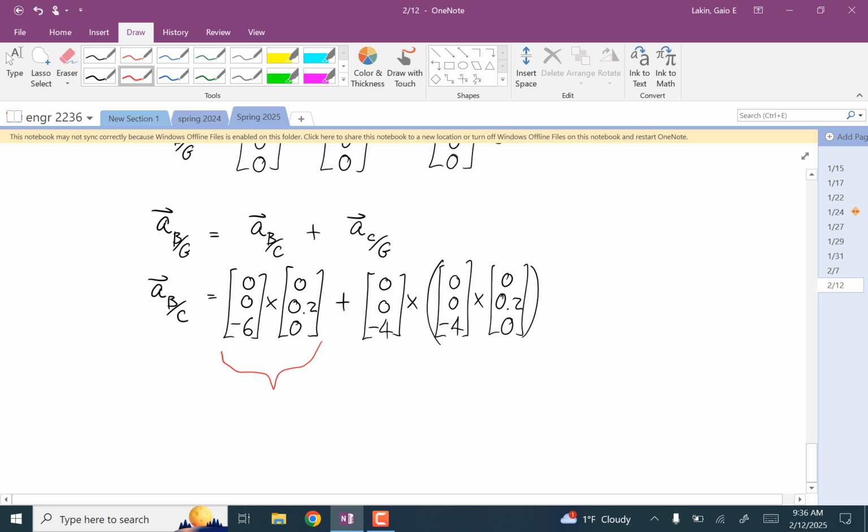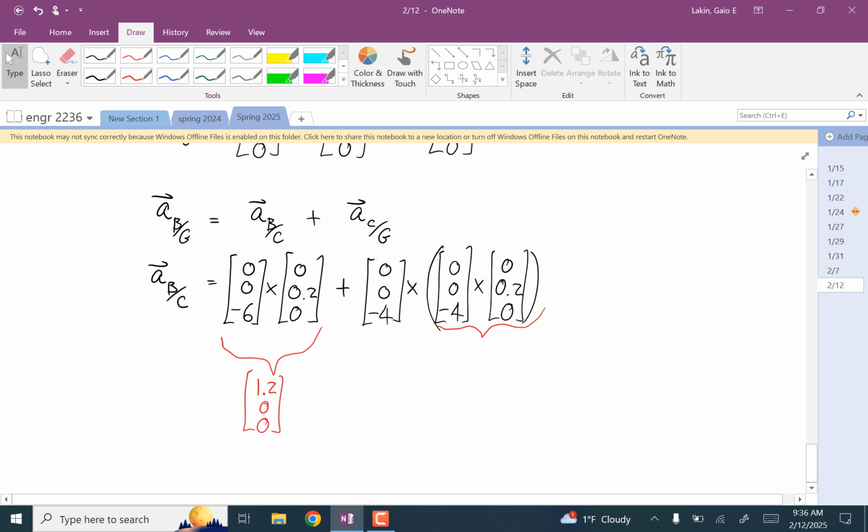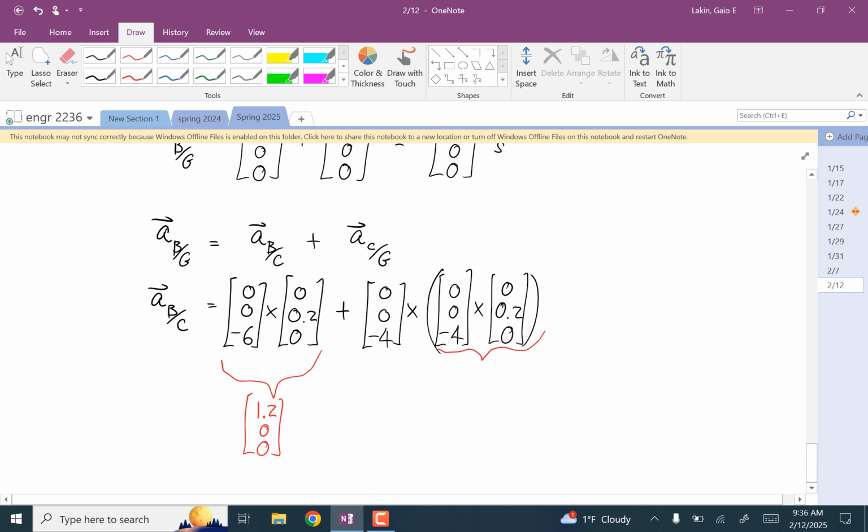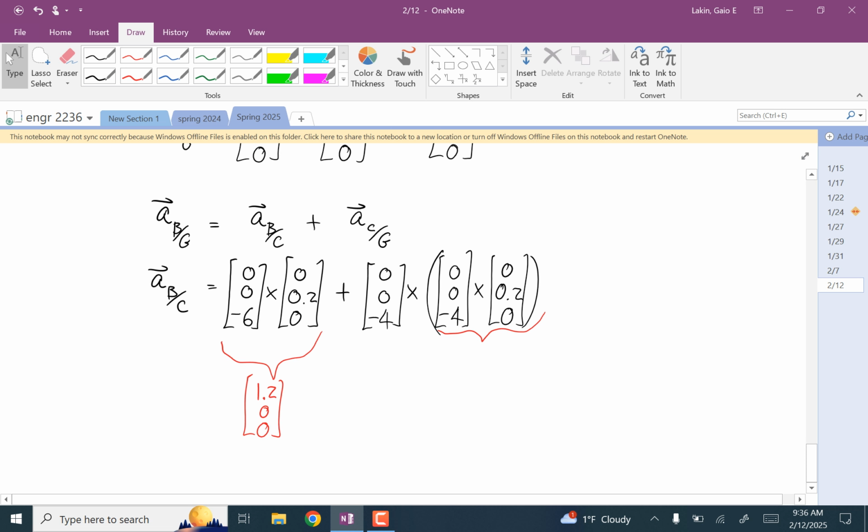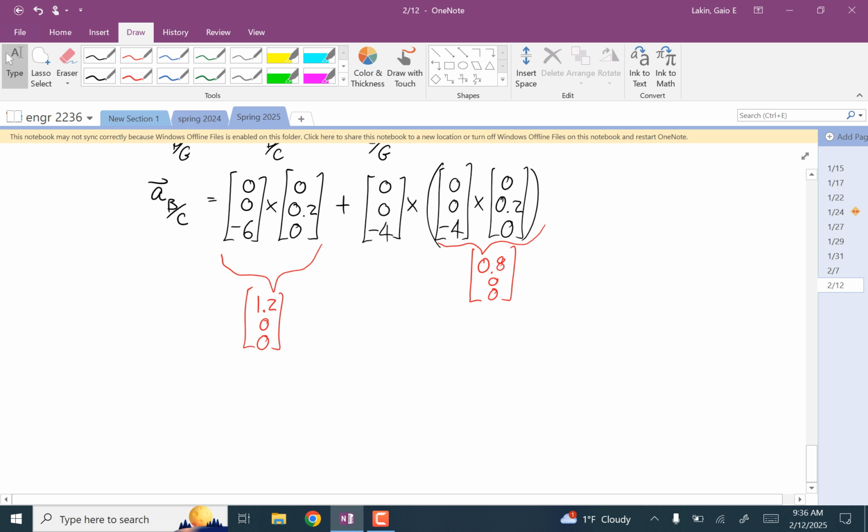So this one ends up being 1.200. This one is positive 0.800. And then these together come out to be 0, negative 3.20.